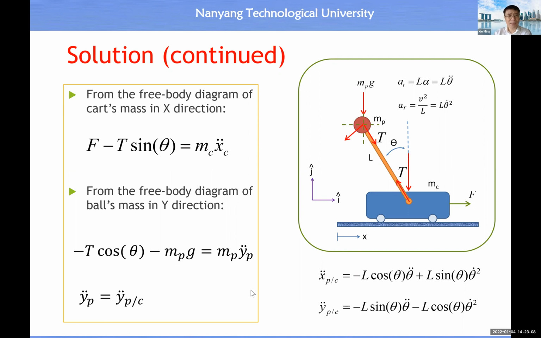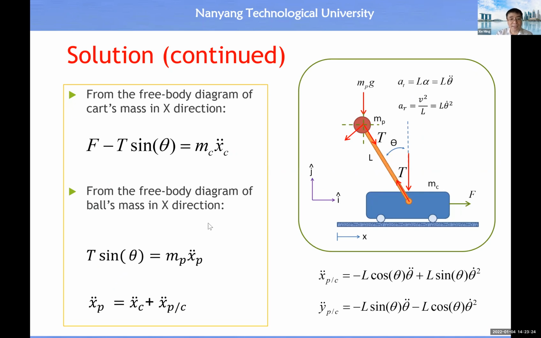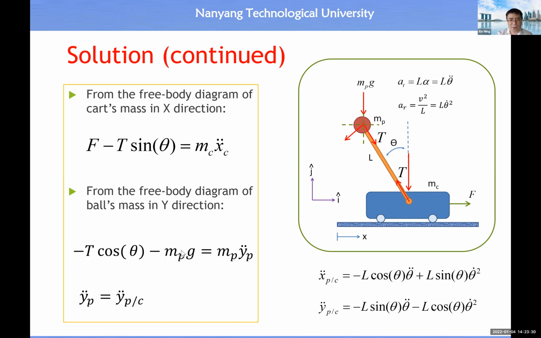Now we can put the equations together. This is the equation in the horizontal direction, and this is the equation in the vertical direction. Both of them are on the ball: this is the equation for the ball in the x direction, and this is the equation for the ball in the y direction, all right?